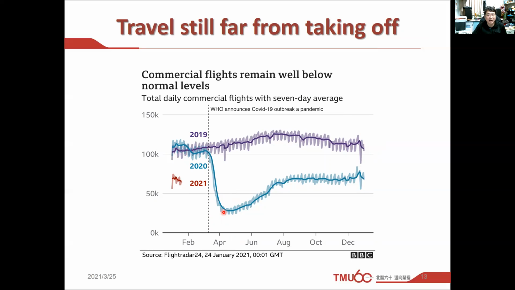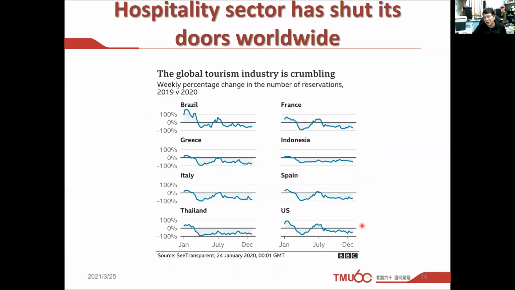It climbed a little bit, but until now it is still less than 25,000 commercial flights a month. So it suggests travel and tourism still suffers and is harmed by COVID-19.